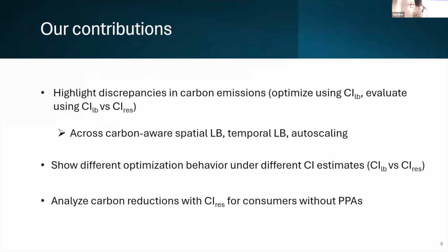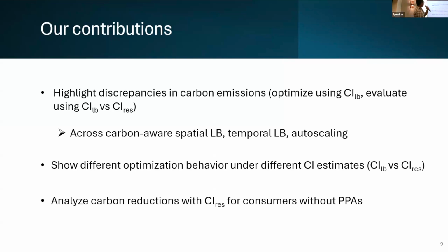Specifically, the contributions are these. We highlight these discrepancies in carbon emissions, where consumers without PPAs optimize using CI_LB, versus if they had taken the same optimization decisions but evaluated using CI_RES. We do this across three popular carbon-aware optimization techniques: spatial load balancing, temporal load balancing, and carbon-aware auto-scaling.